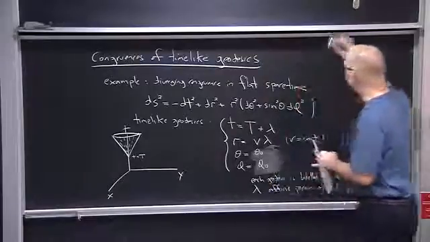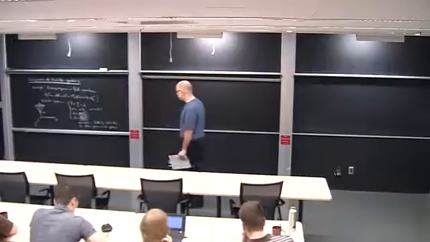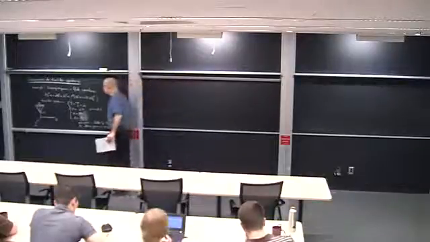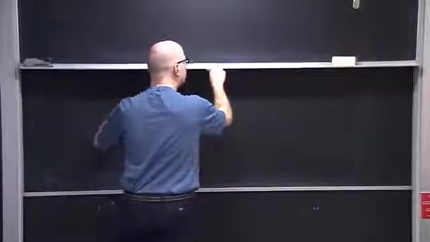We're going to see in just a moment that this is not proper time. So let me just draw another picture so that we can see this a little bit better.